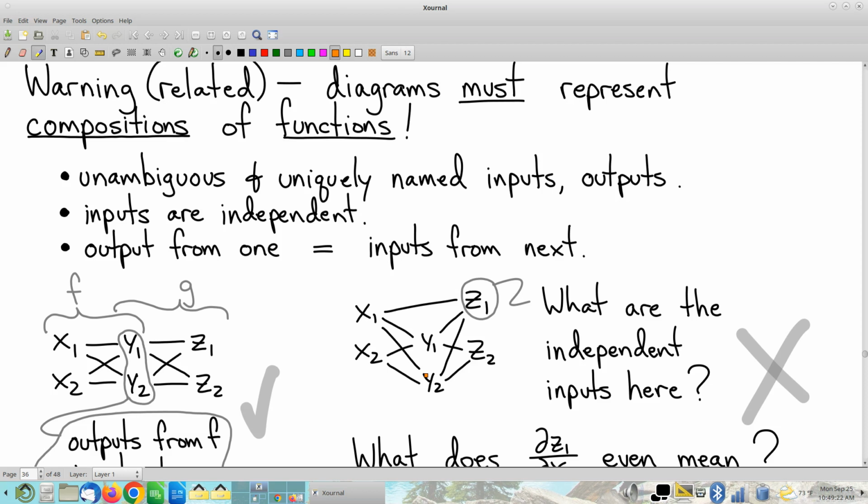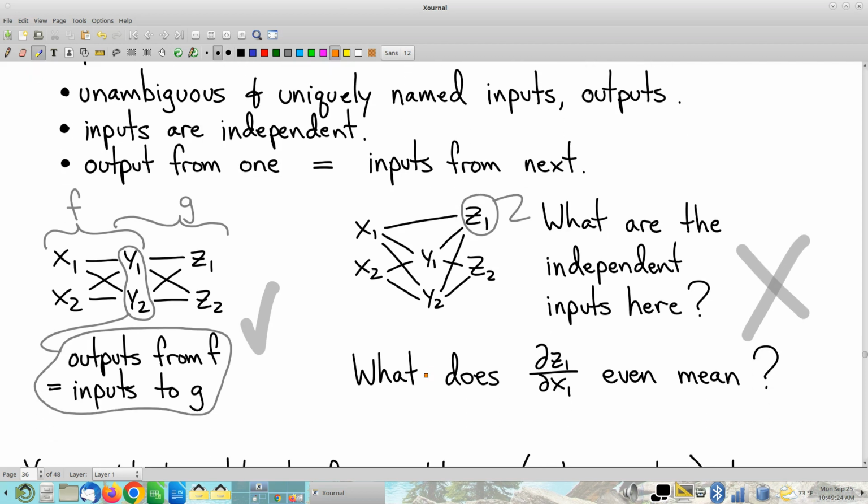When you compose functions, there are certain things that are part of what it means to compose functions. In order for these things to even be functions, if I want to say f is a function, implicitly, these inputs are independent. They have to be independent variables. That's part of the deal.